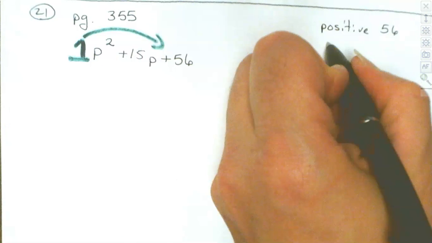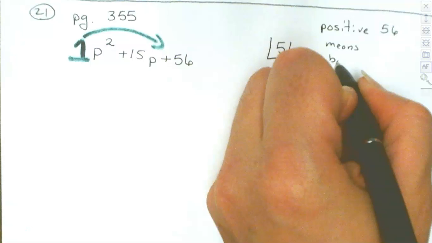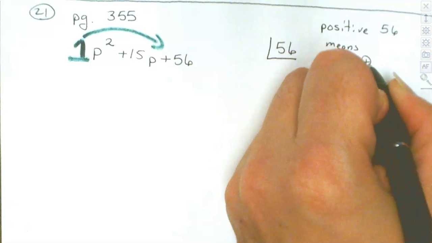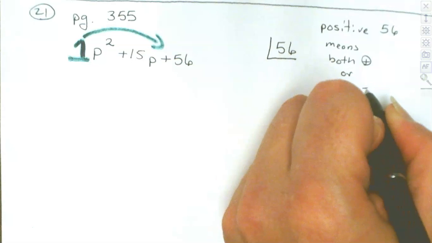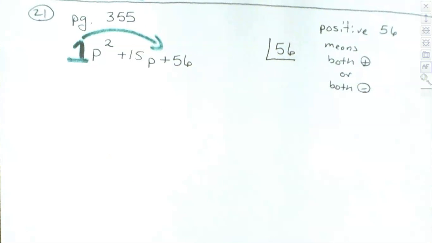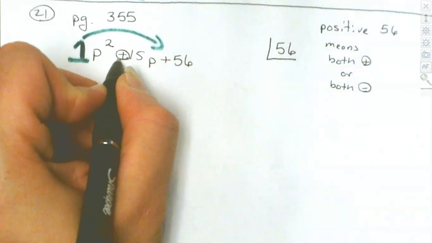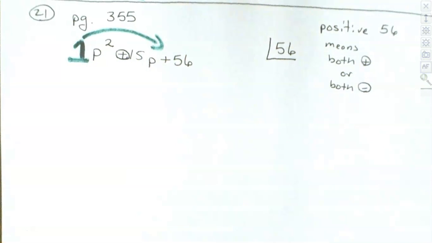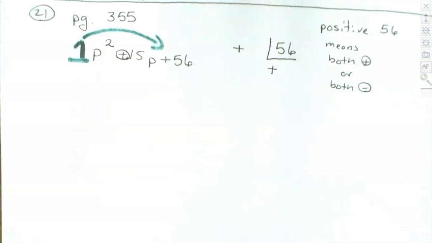So that means either both positive or both negative. So what do we know? We look in our middle, and this is going to tell us what we've got. It's a positive in the middle. So that tells us then that they are both positive.